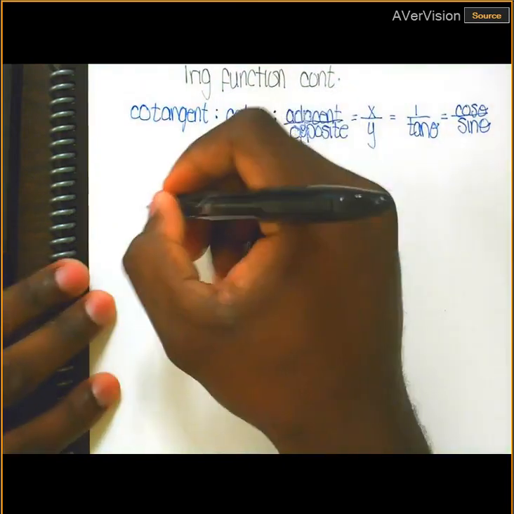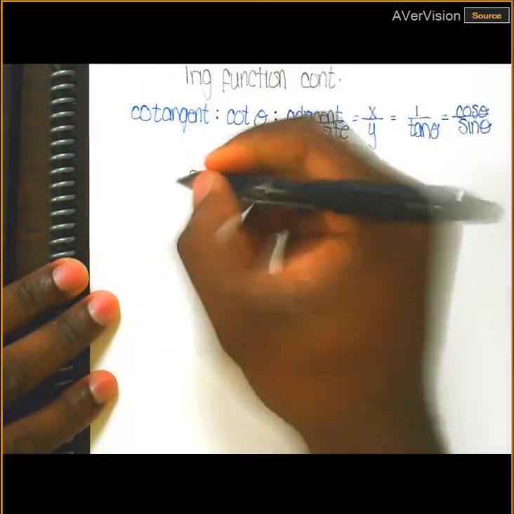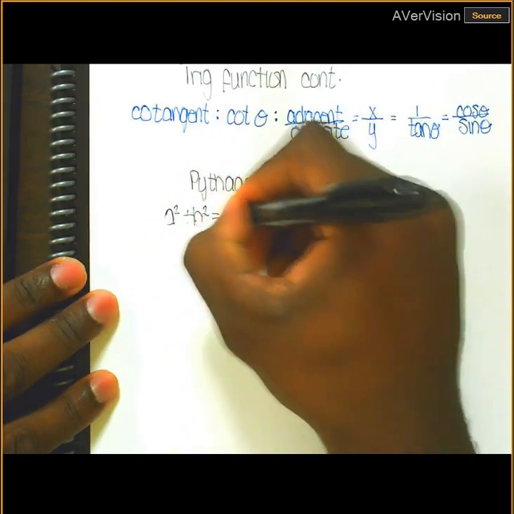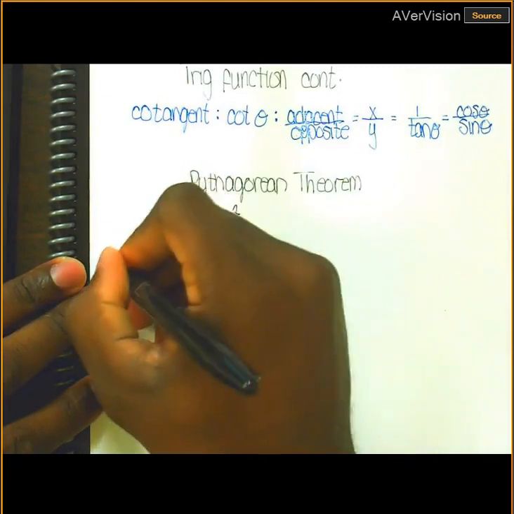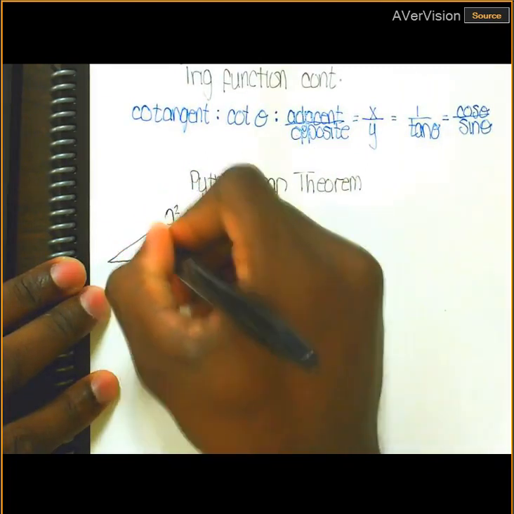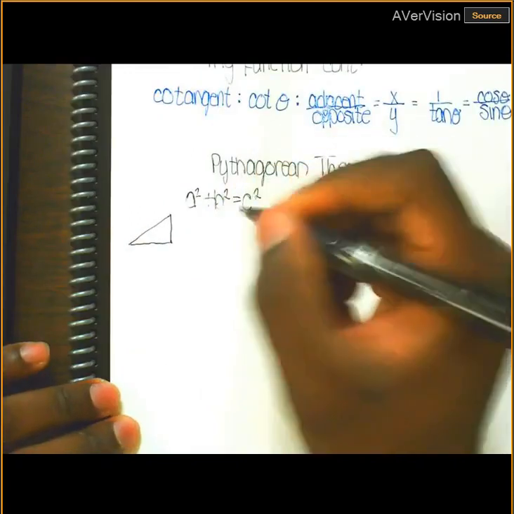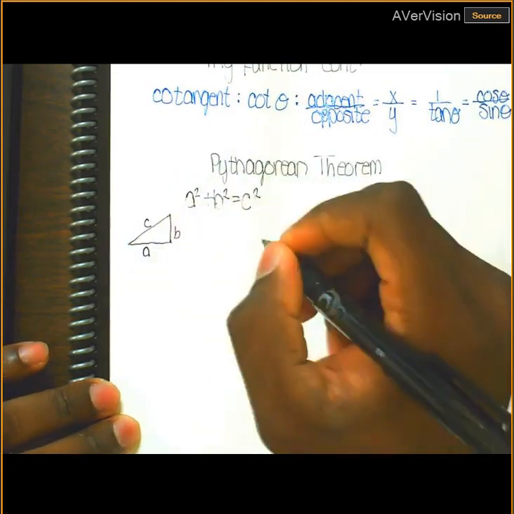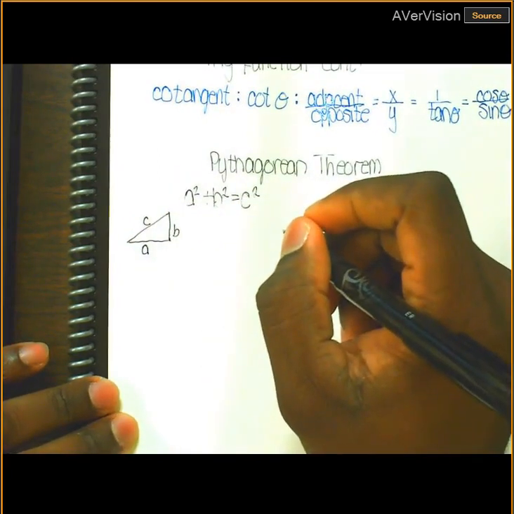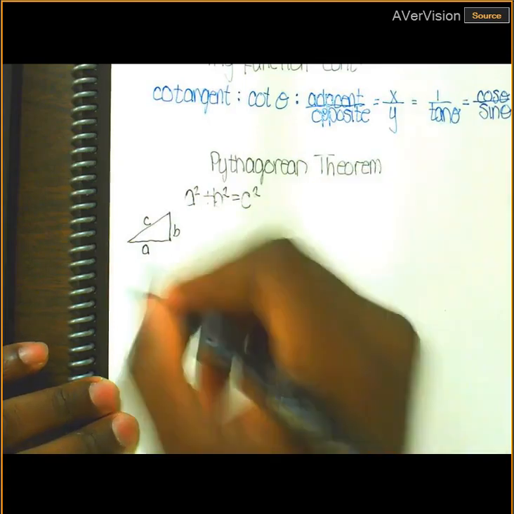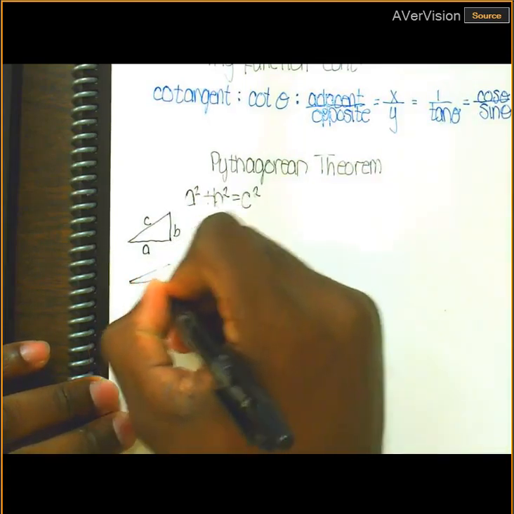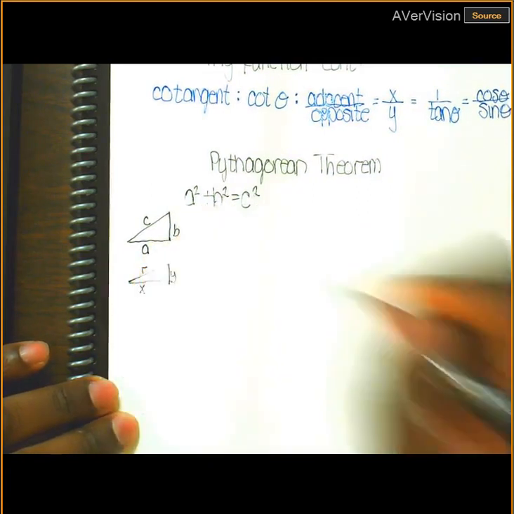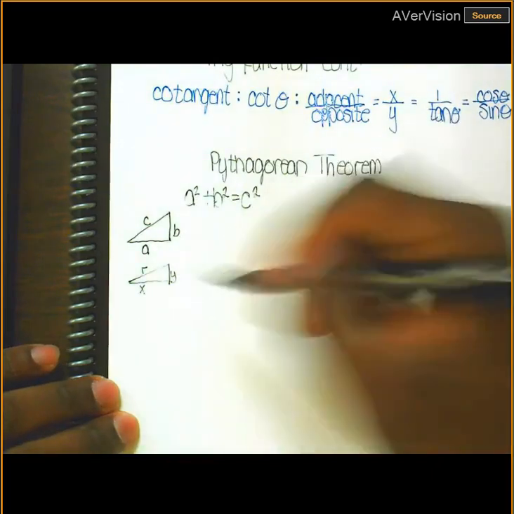Okay, we have a squared plus b squared equals c squared. All right, and we can only use it with right triangles, right? And this is usually A, this is B, and this is C, right? In the triangle I had on the previous page, we had this as x, this as y, and this as r. So what would Pythagorean's theorem be with this one?